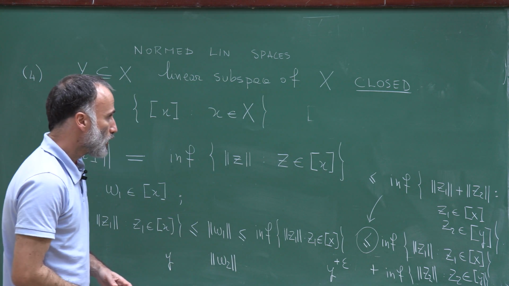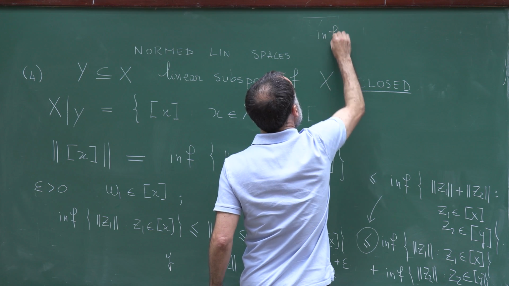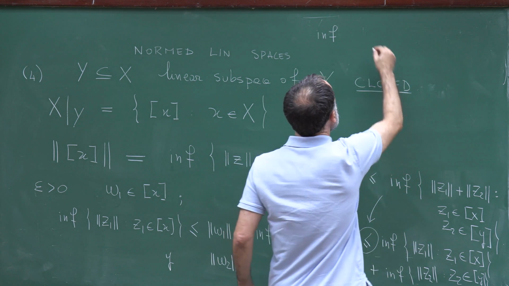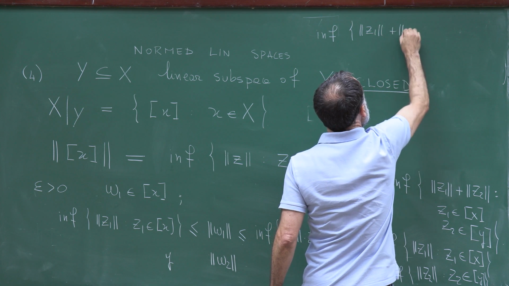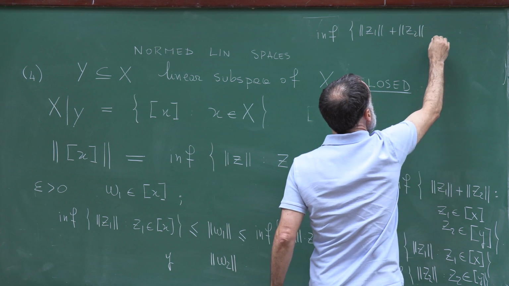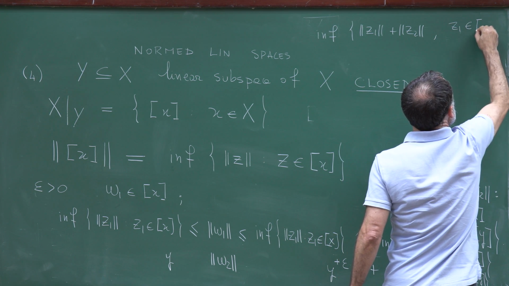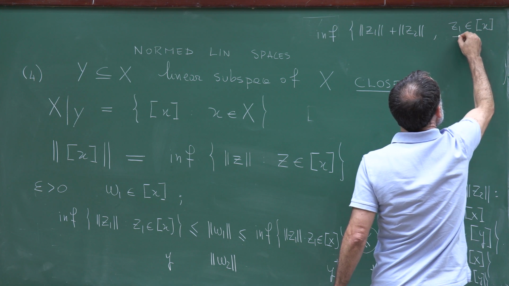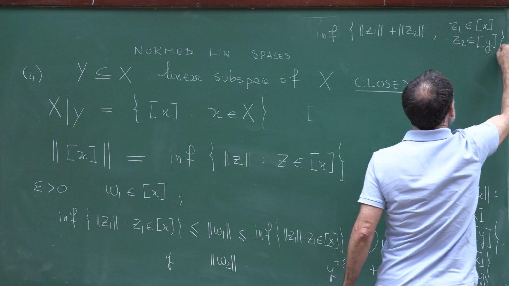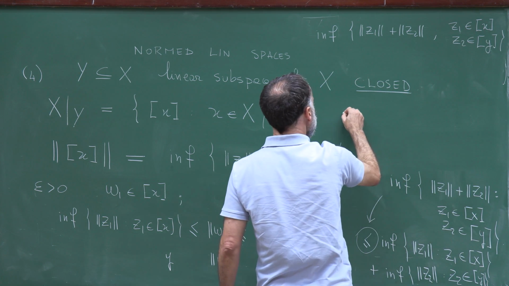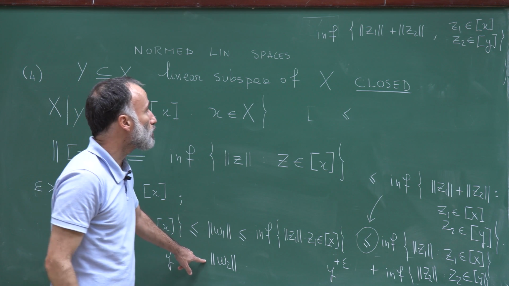And from that, I obtain that this infimum of the norm of Z1 plus Z2, such that Z1 is in the equivalence class of X and Z2 is in the equivalence class of Y, is certainly less or equal than the norm of W1 plus the norm of W2.